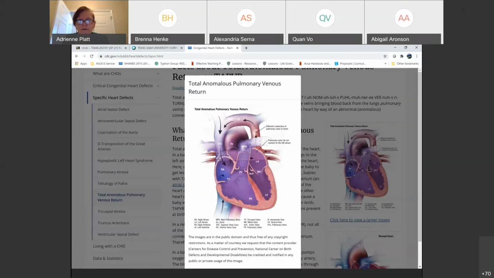The subclavian brings blood here, not oxygenated, and it goes into the right ventricle, up to the pulmonary artery, and up to the lungs, but then the blood does not come back to the left. Pulmonary veins don't connect to the left atrium. So basically, the right side of the heart is going up into the lungs, getting oxygenated, but there's no way to get it from the lungs to the left side of the heart.